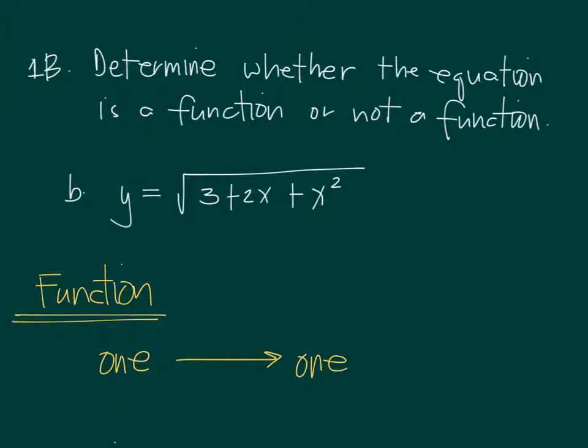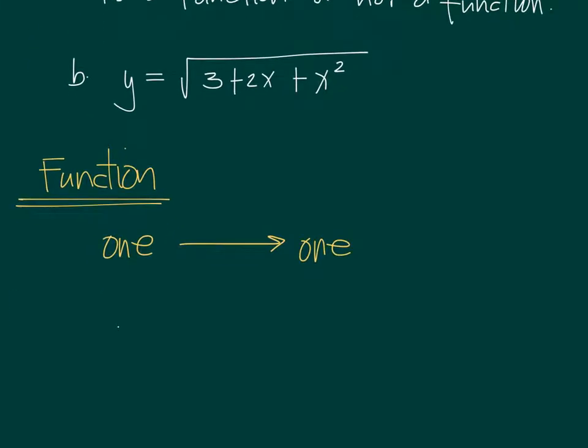Some would say many to 1, but many to 1 is also coming from the concept of 1 to 1. Because many to 1 says this is an element and there's another element. This element goes to an element of the second set, which shows a 1 to 1 pairing. Then a second element could go also to that same value.